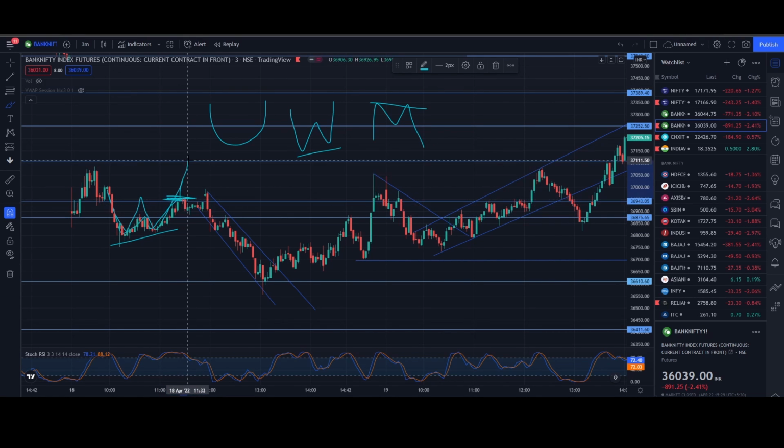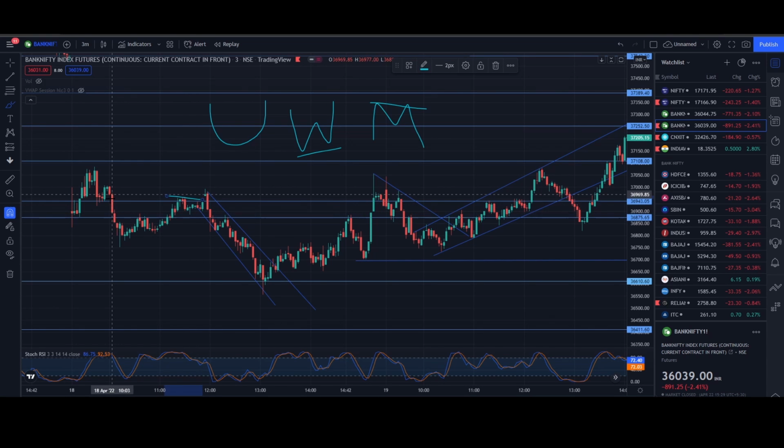Then you could have seen an upward direction up till here, or it could have gone up till our second point over here, but it didn't properly cross this point. So this W pattern was null. We didn't consider it a good example to take a directional trade on. This was nullified because this level was not properly breached.